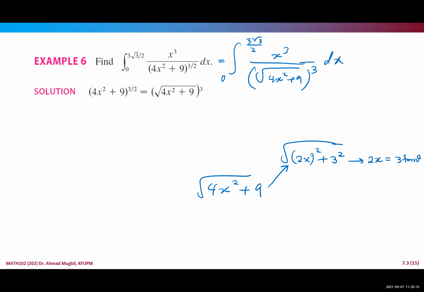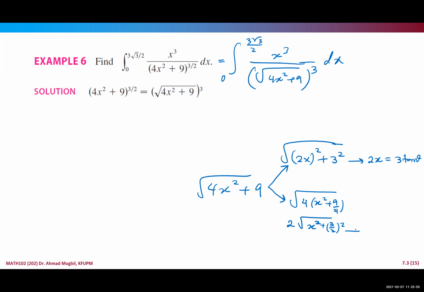But I think you will not think about this one. You may think about this one. You will take 4 as a common factor, and it will be x squared plus 9 over 4. Then you will take 4 out, it will be 2 x squared plus 9 over 4. Again, this is 3 over 2 all squared. So now you will think about putting what?